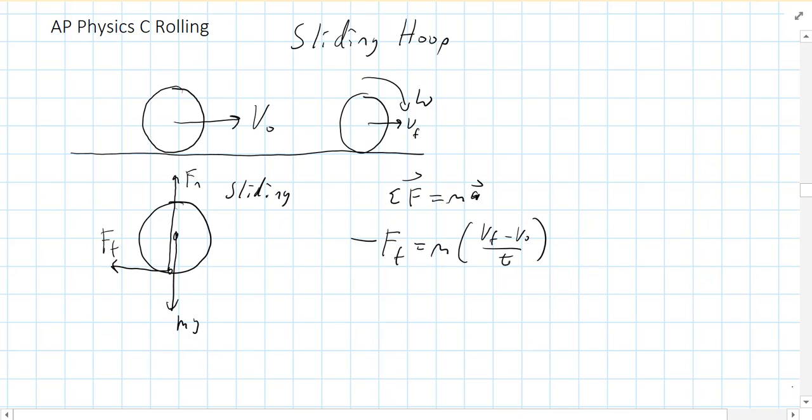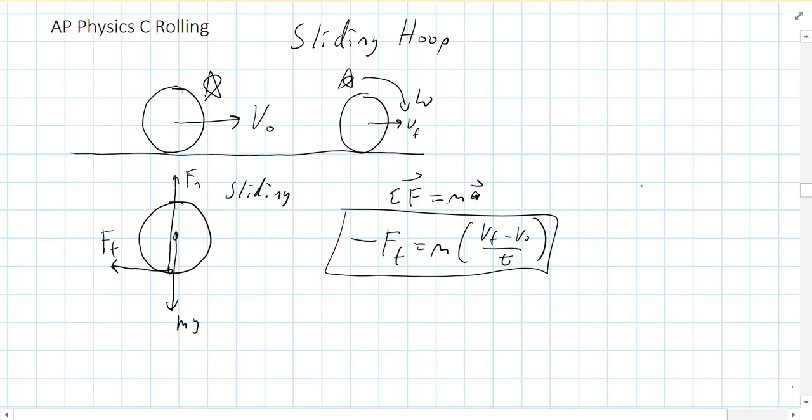So how long does it take the hoop to go from sliding to rolling? There are a lot of unknowns there. We don't know friction, we don't know time, and we want VF in terms of V naught. So we have a very useful equation, but we have a little ways to go.